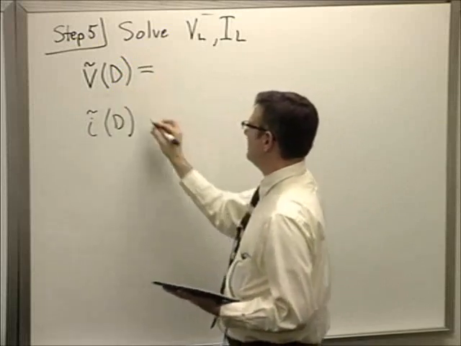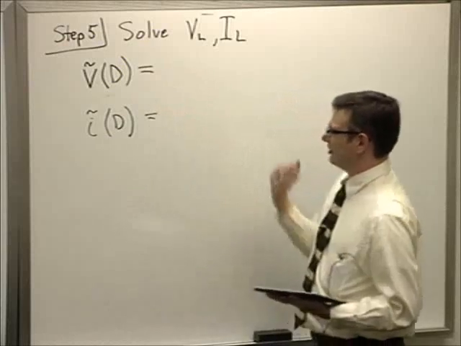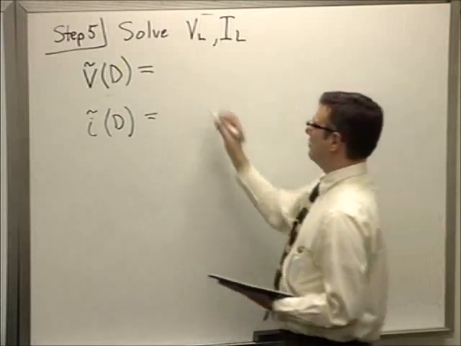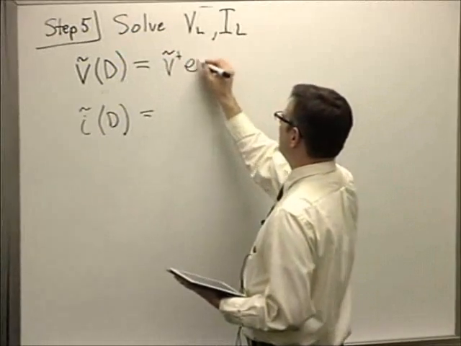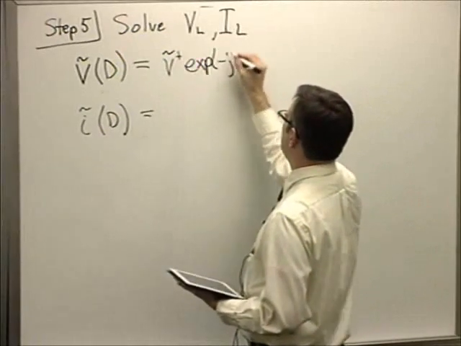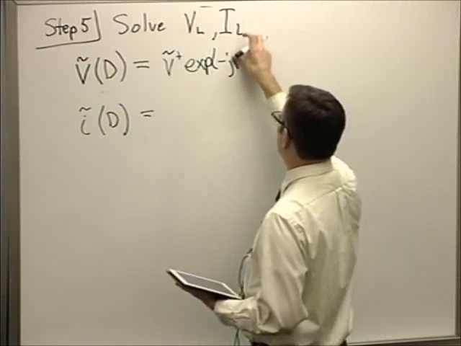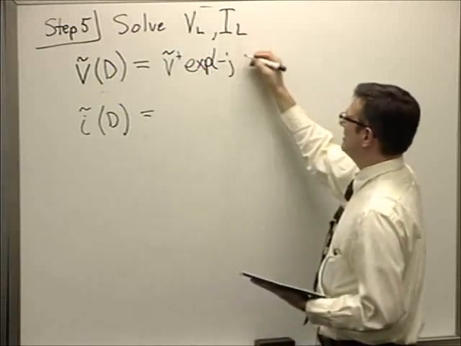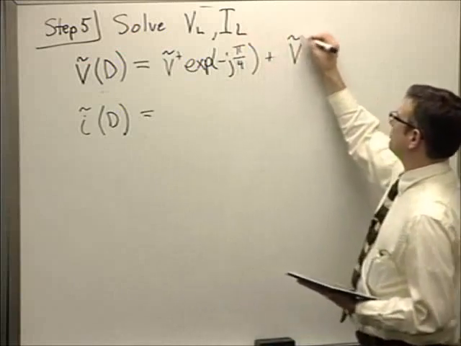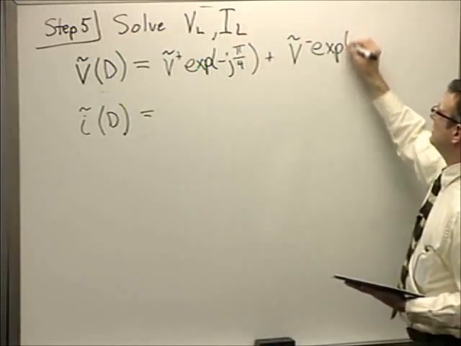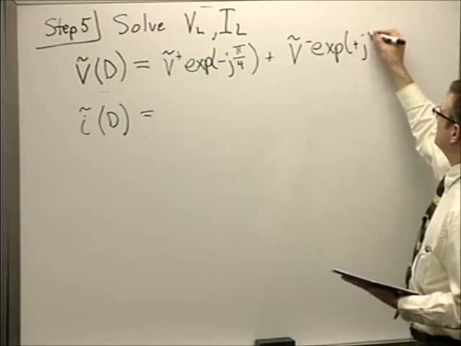Plug in z equals d, since we said z equals 0 is the front of the line. And what do we get? V plus that we found in the last step, exp to the minus j beta d. Beta d in this case we said was pi over 4, plus V minus exp to the plus j beta d, which we said was pi over 4.